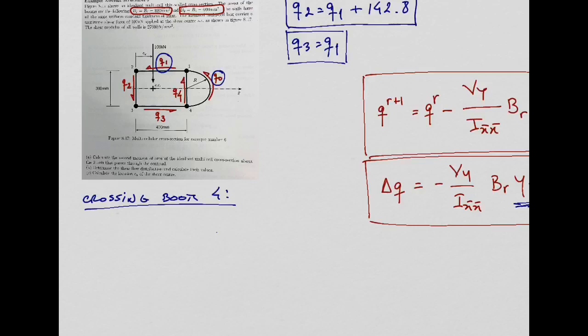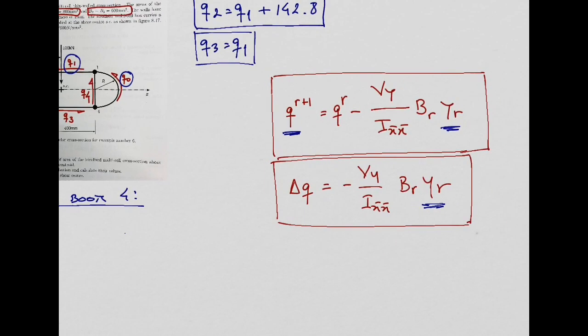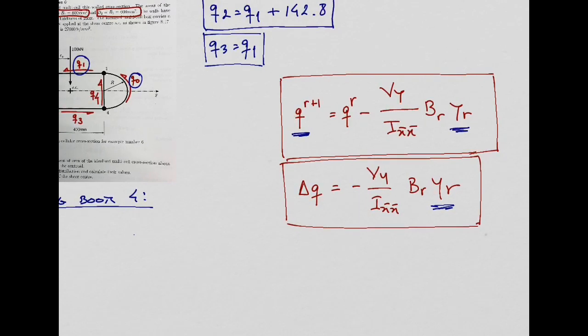So boom number 4 is sharing 3 walls, right? So we need to say on the left hand side of this equation for the shear flows, we have the shear flows leaving the boom. On the right hand side, we have the shear flows getting into the boom, arriving at the boom, okay?